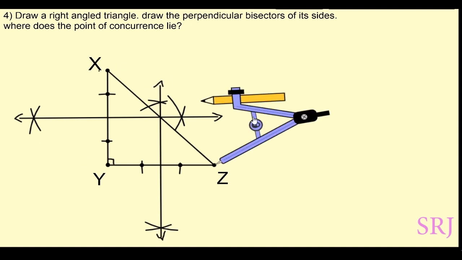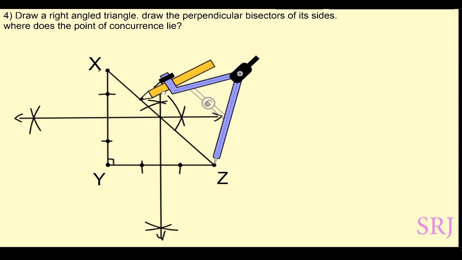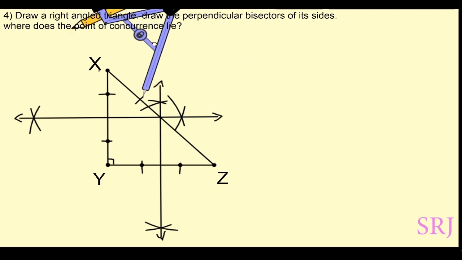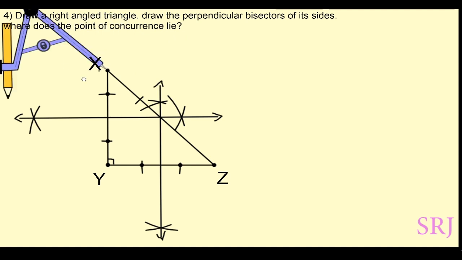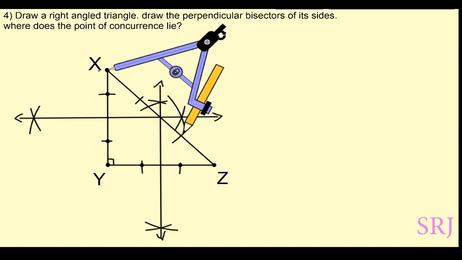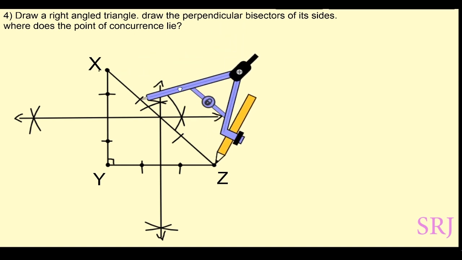Similarly, place the steel head of the compass on point Z and set the compass and draw an arc on line XZ. Shift the compass head to point X with the same radius and draw another arc on line XZ.